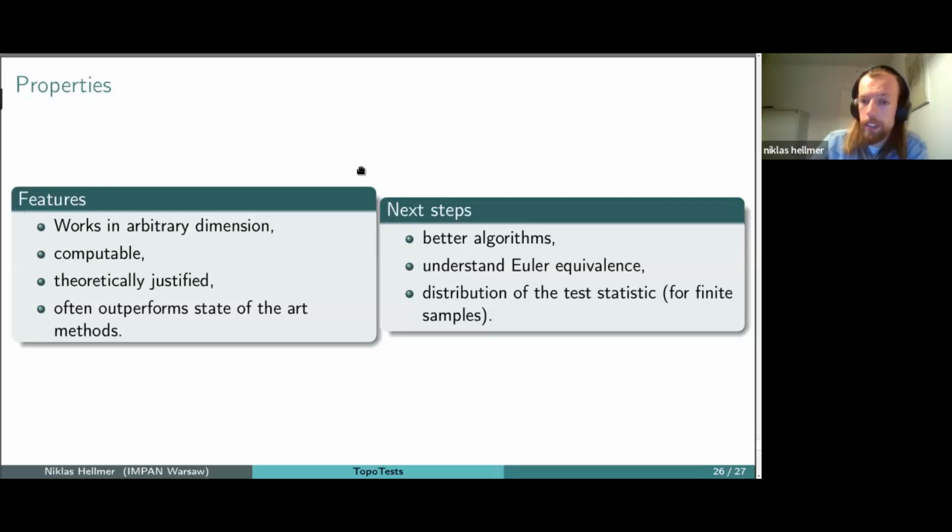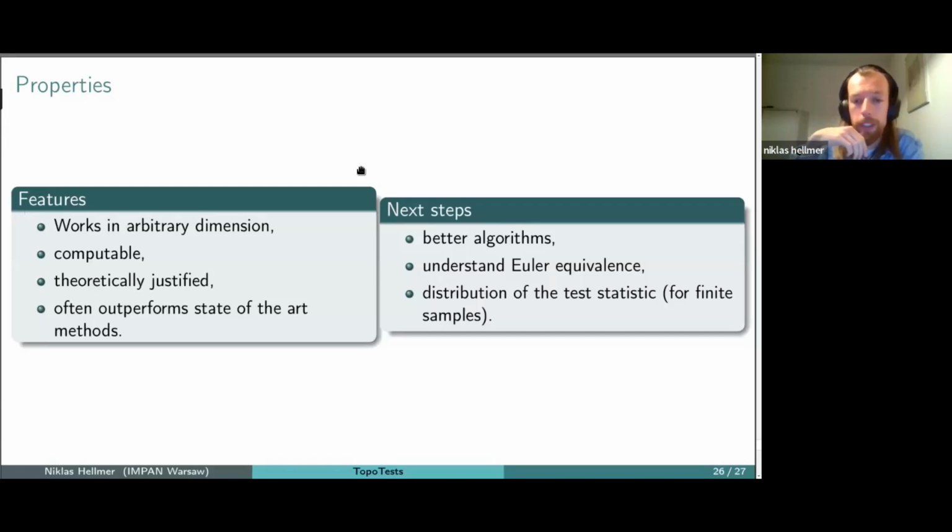Then this notion of Euler equivalence. Remember that there was this caveat, this extra note that we needed to make our proof work. We would like to understand what kind of distributions we can distinguish and what tells them apart. Remember in the beginning, I said that for the Kolmogorov-Smirnov test, there are tables telling you when to reject the test or not.